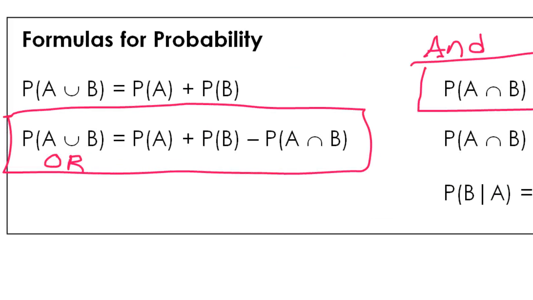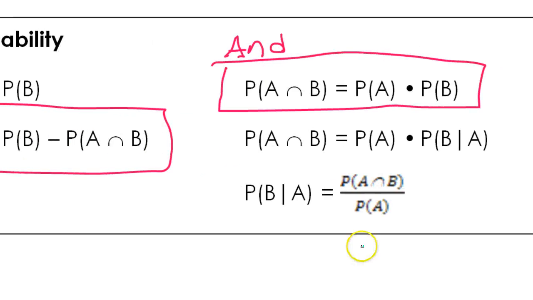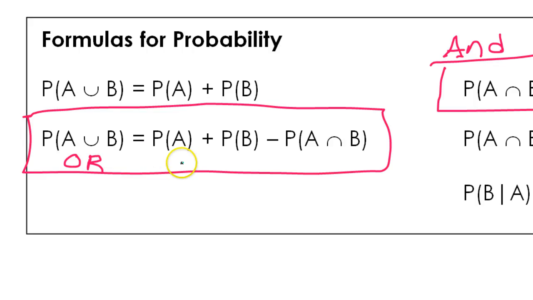It's sort of a hint that I'm saying four, right? Because the OR formula here is the one that involves four things: this, this, this, and this. The AND formula only involves three things. So there's a good bet that we're going to be using the OR formula. So let's see if we can make the OR formula work for us.